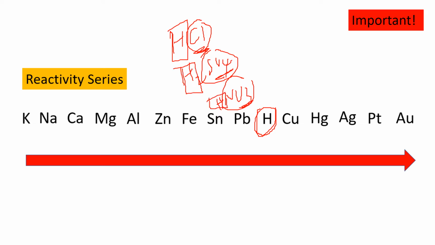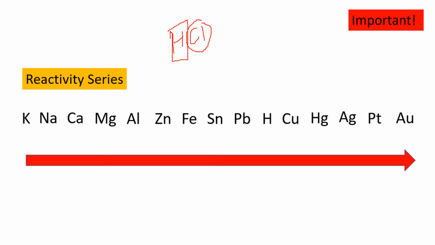So for a reaction in acidic conditions, where something is reacting with an acid, something needs to displace the hydrogen. If nothing is displaced, the reaction doesn't occur. So we refer to this reactivity series to see which metal is able to displace hydrogen, take its place, and cause a reaction to occur.